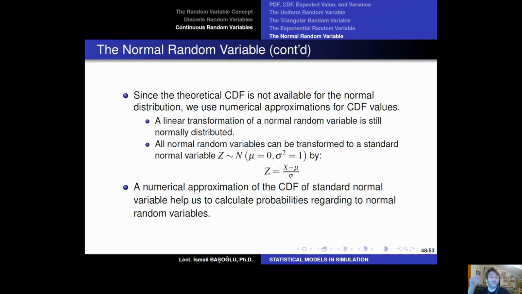And when we want to solve a probability question or probability statement related to any normal random variable, we are going to convert this statement into a statement that is related to a standard normal random variable and search for the probability through that table. So this is the procedure that we are going to apply.